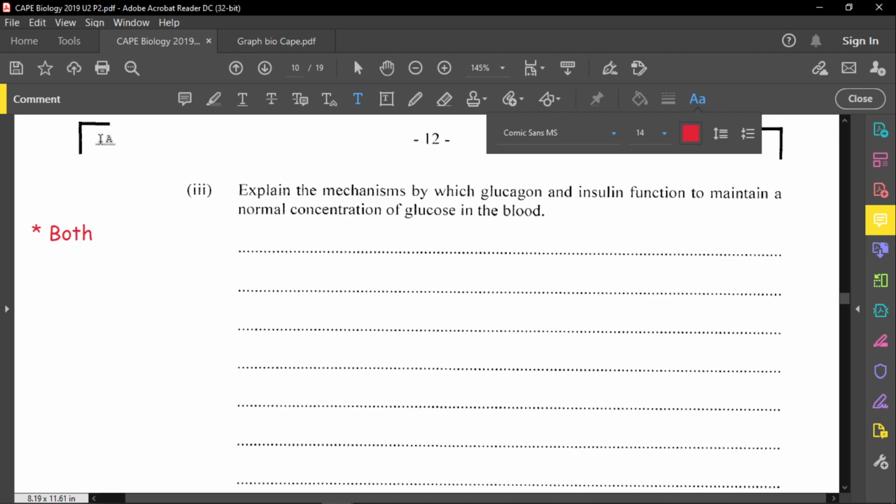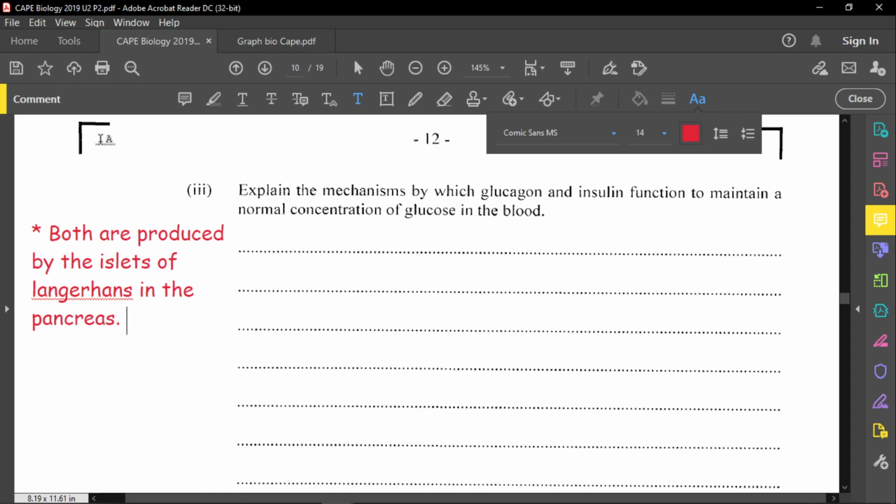So both are produced by the islets of Langerhans in the pancreas.